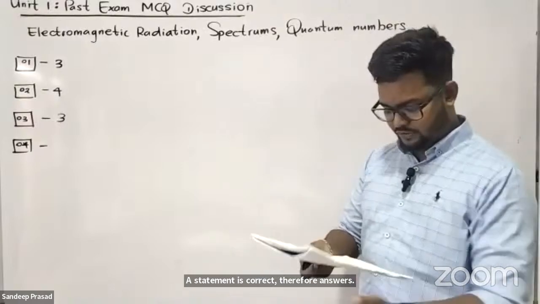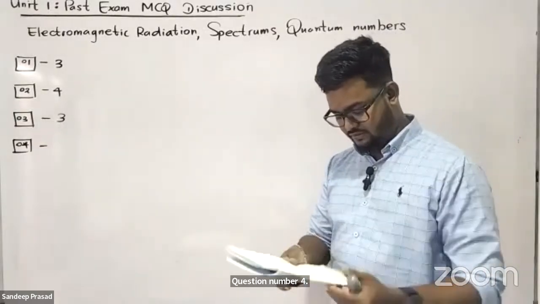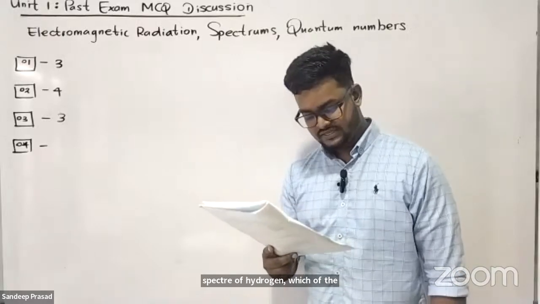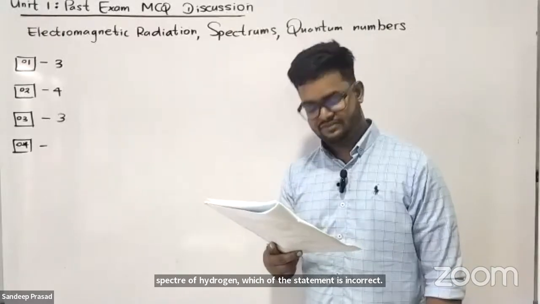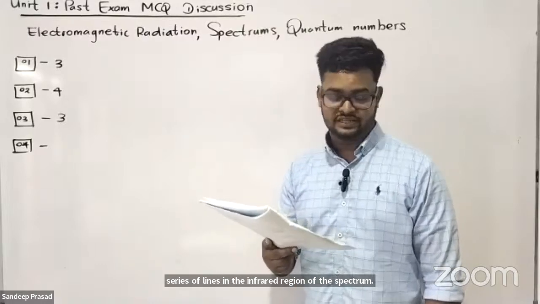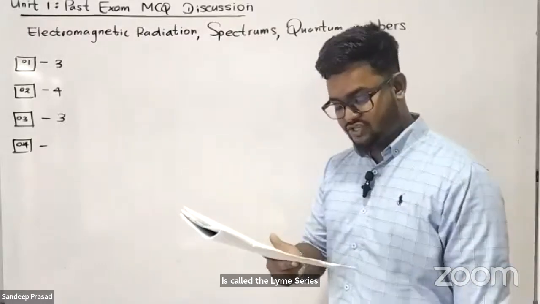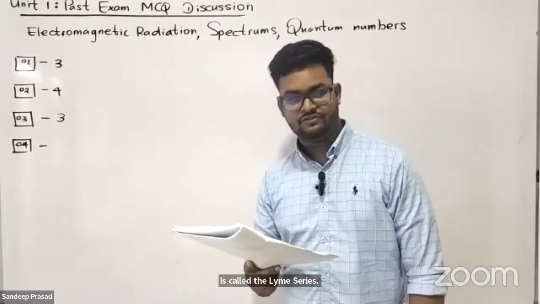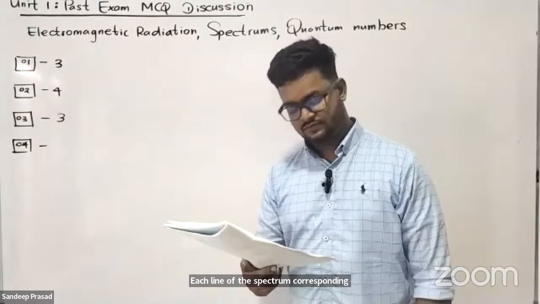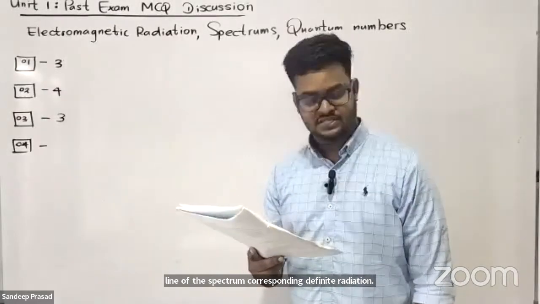A student made the following statements about the atomic spectra of hydrogen. Which of the statements is incorrect? Let's see. The series of lines in the infrared region of the spectrum is called the Lyman series, right? Each line of the spectrum corresponds to a different definite radiation. The series of lines in the visible region is called the Balmer series.